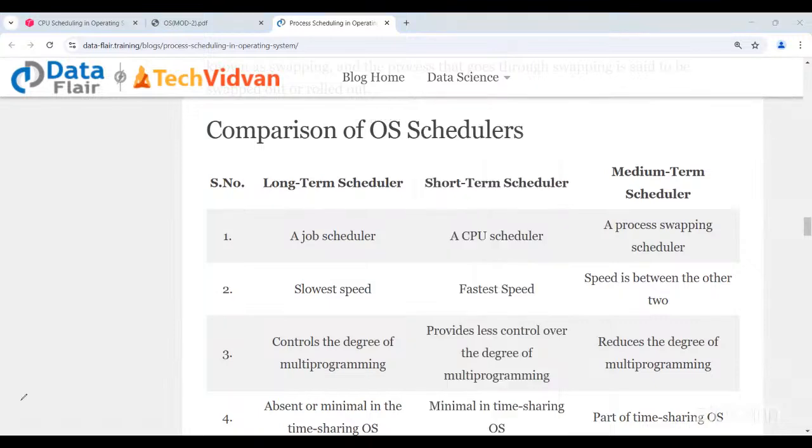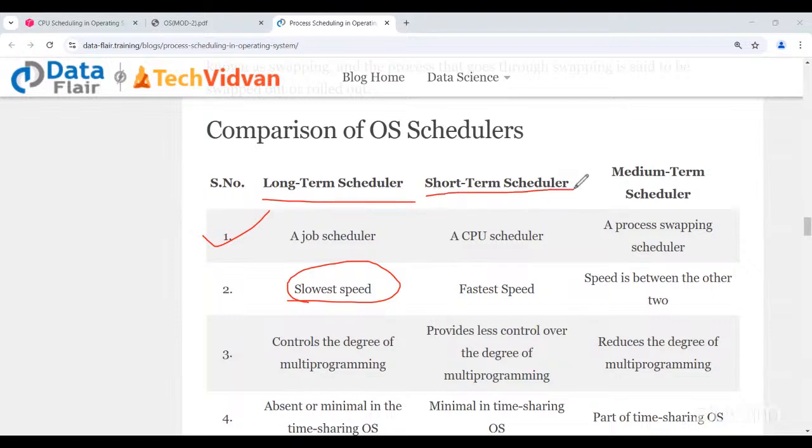Yes, it's one point. Next point. The long-term scheduler is slow in speed. It takes a little bit more time.